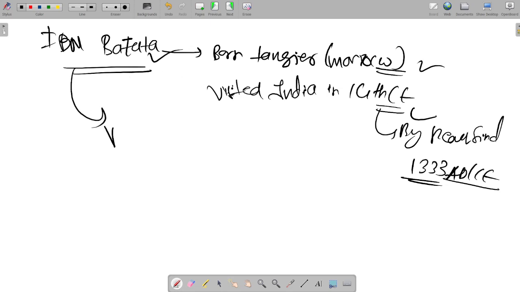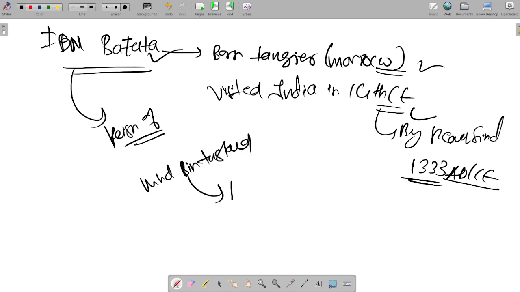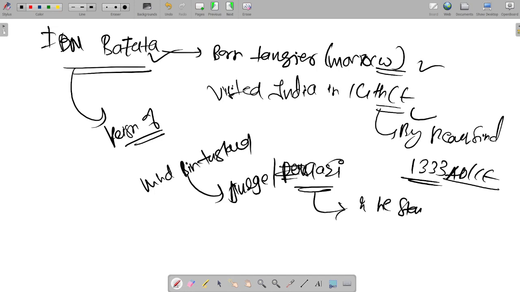He visited during the reign of Muhammad bin Tughlaq, who was impressed by his intellect and appointed him as a judge, or the Arabic word qazi. And he stayed in India for a long time.